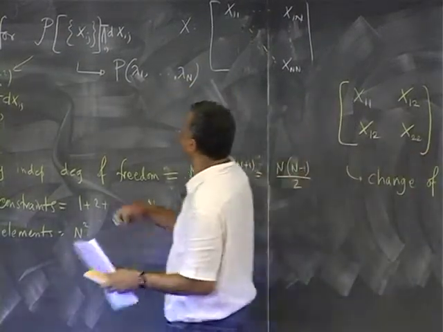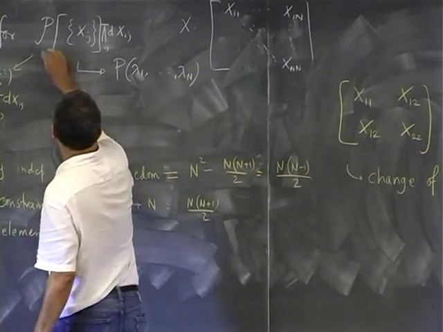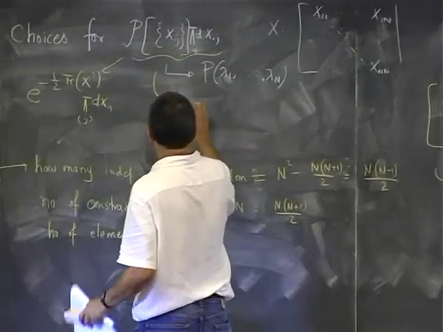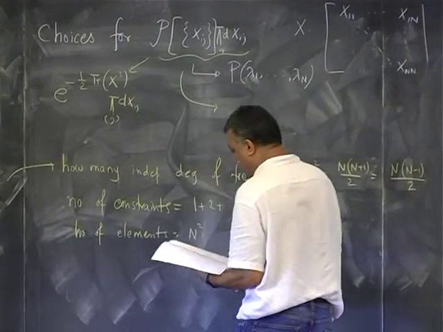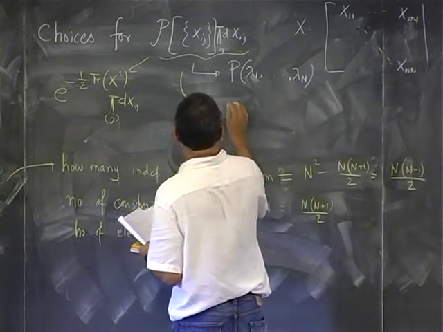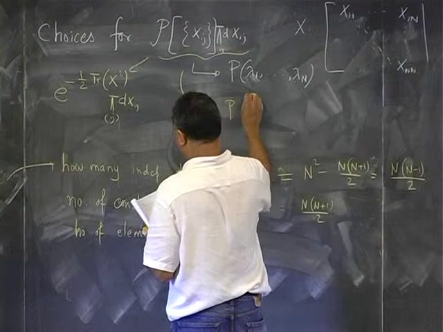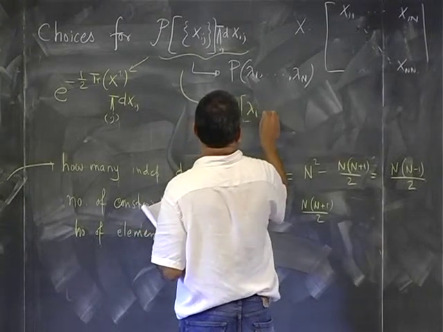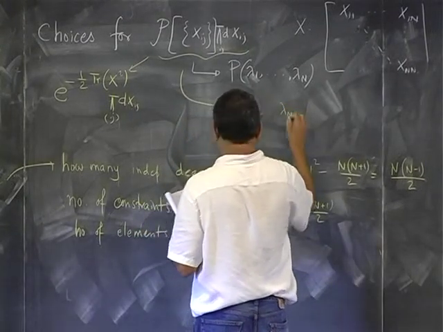So now the idea is to write down this object under this transformation. It will go into, in general, the probability distribution of the eigenvectors.